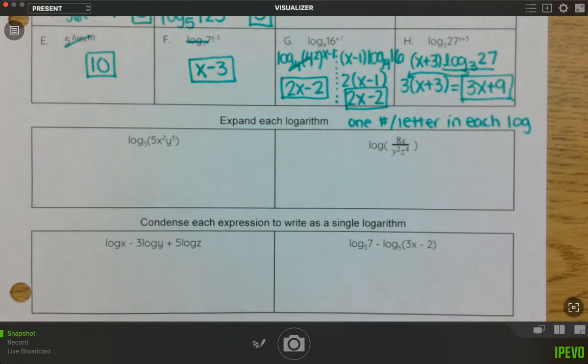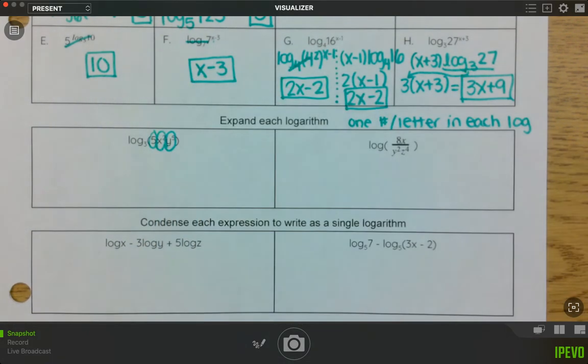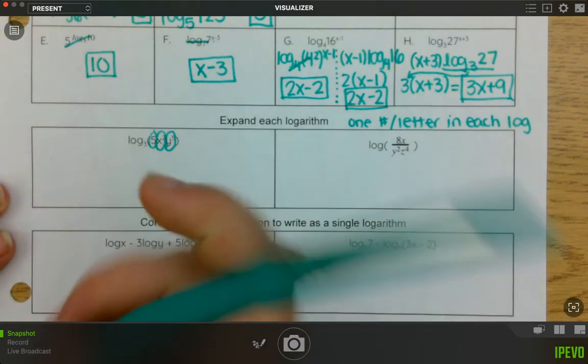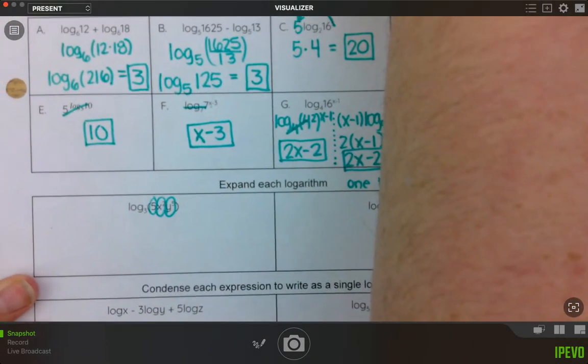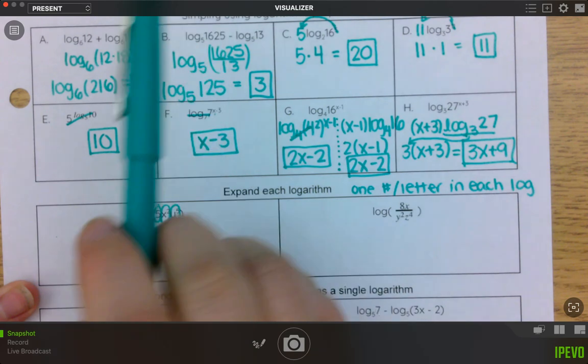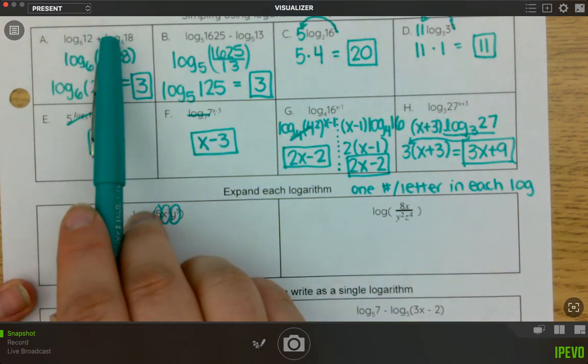So I'm going to have to separate 5, x squared, and y to the 5th. 3 separate things, and these are all being multiplied. Even though we can't see the multiplication dots, they are all being multiplied. That comes from a problem that was originally added together, because adding separate logs causes them to be multiplied as 1.